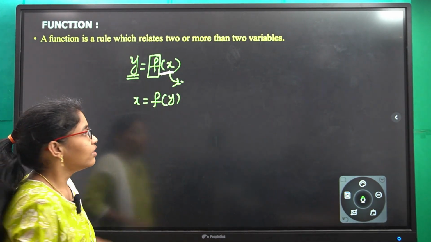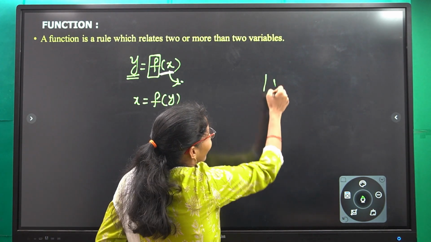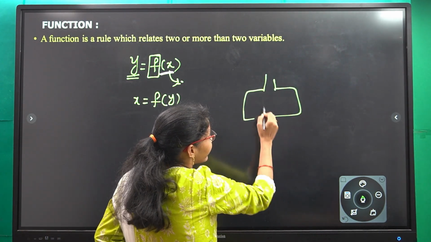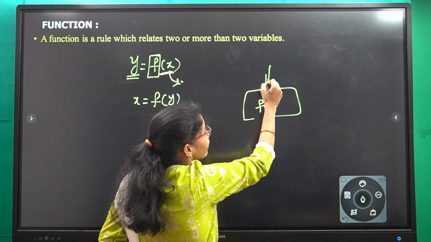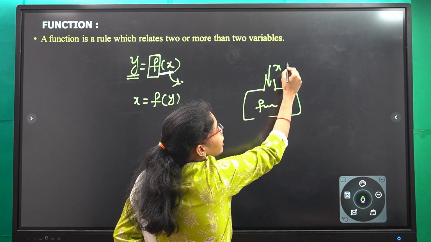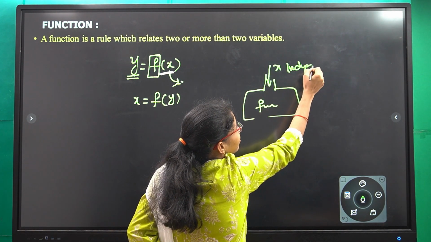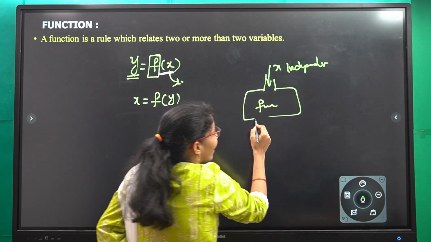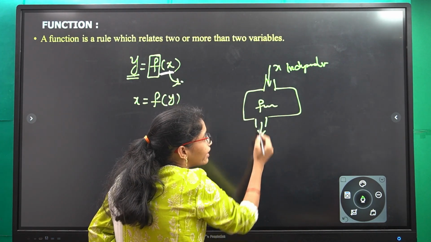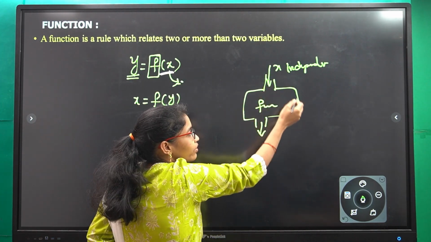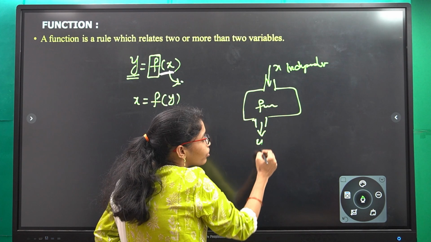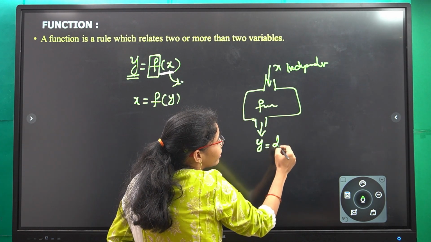Clear, right? So suppose I have a machine like this. I have taken this as one function. Whatever inputs we give are independent variables. And the outputs we are getting here, based on this x value in this function only, those are dependent variables.